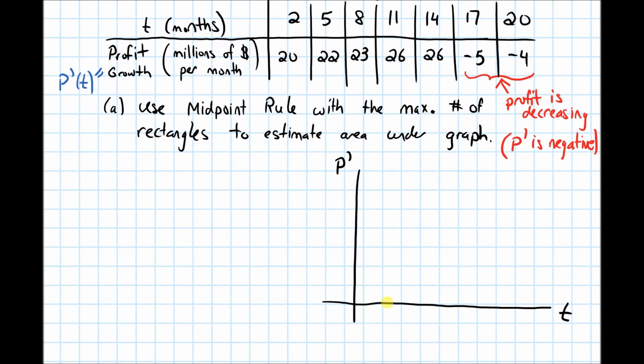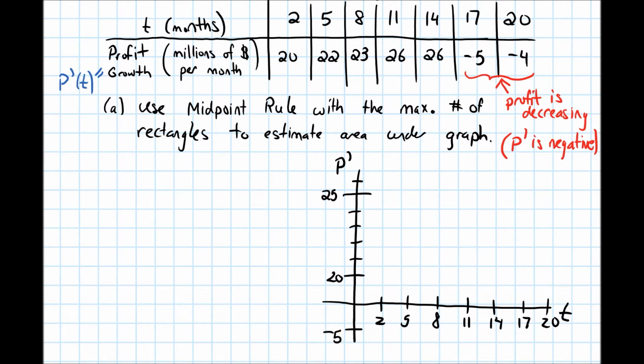On the t-axis, let's put 2, and then 5, 8, 11, 14, 17, and 20. So the values that we have. On the other axis, I'm not going to draw it to scale. Let's say that this is 20, and then I have 21, 22, 23, 24, 25 here, and then 26. And in the negative direction, let's say that this is negative 5.